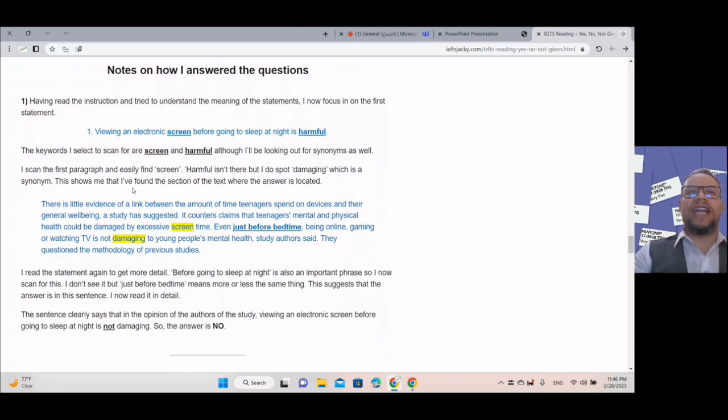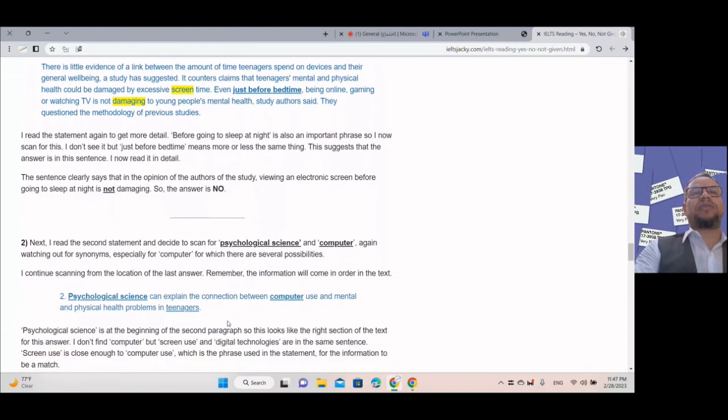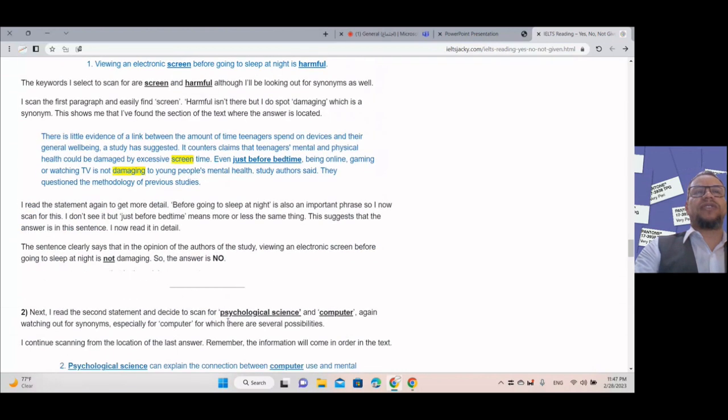This shows me that I have found the part of the text where the answer is located. Number 1 is a claim, by the way, but the passage says not damaging, so the answer is no. Okay, this is how to do it. Now, what about number 2?